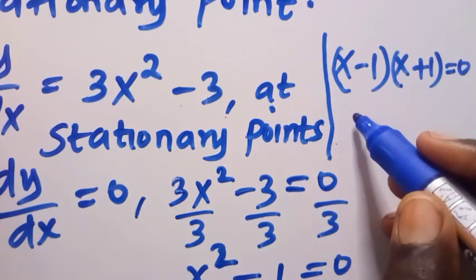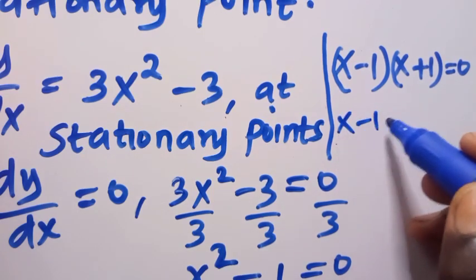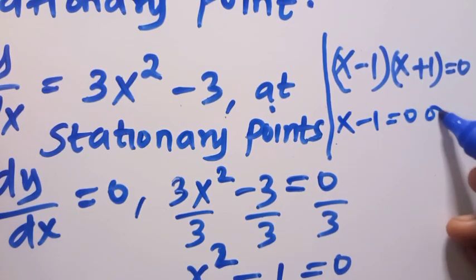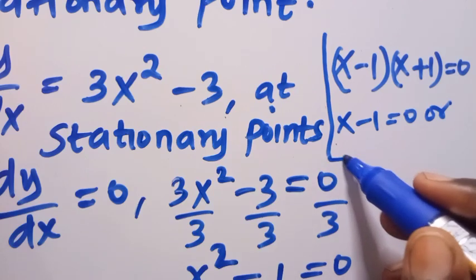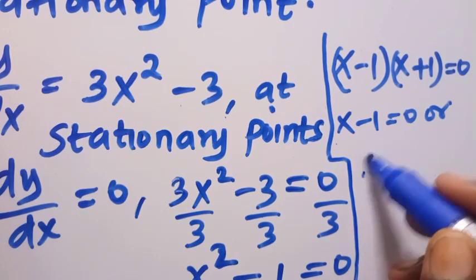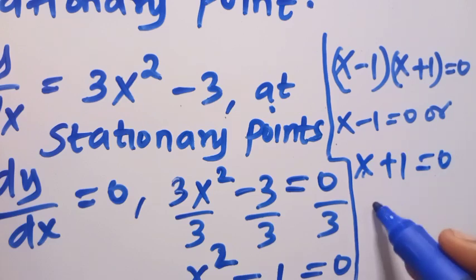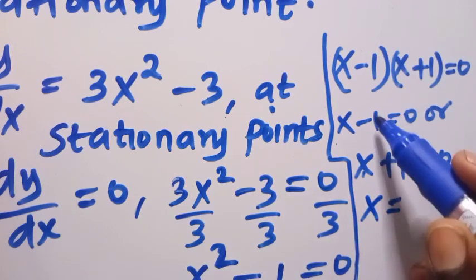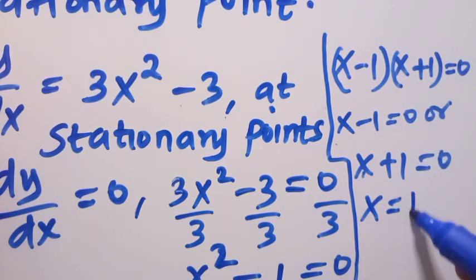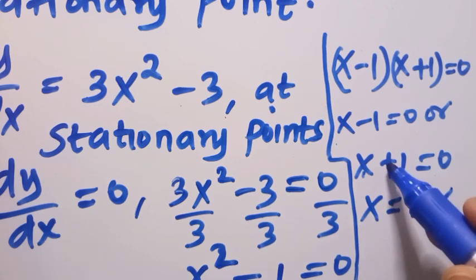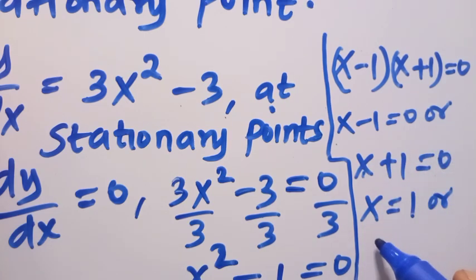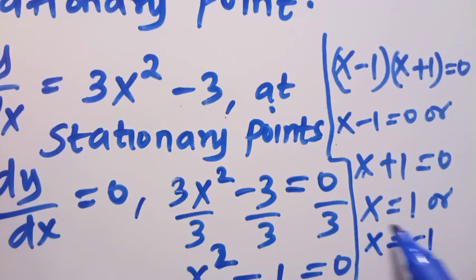So in this case, x minus 1 is 0 or x plus 1 is 0. Therefore, when we take 1 to the other side, it will be positive 1. Or when we take positive 1 to the other side, it will be negative 1, and therefore the value of x is either positive 1 or negative 1.